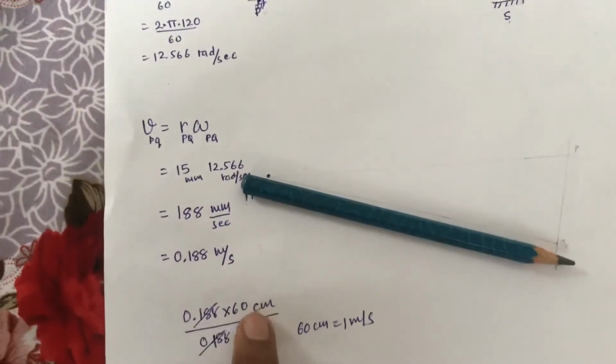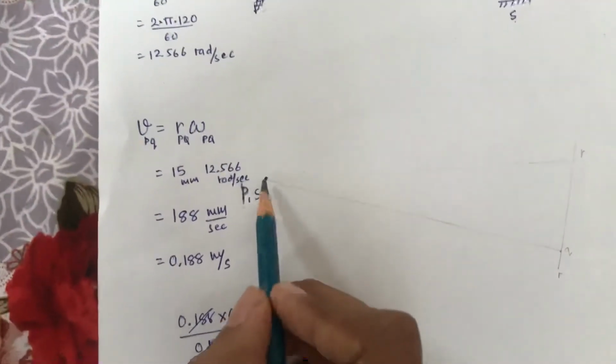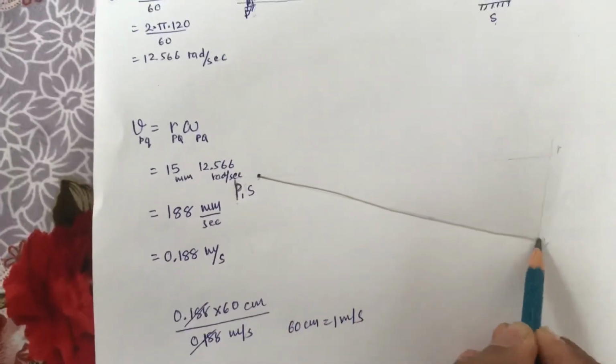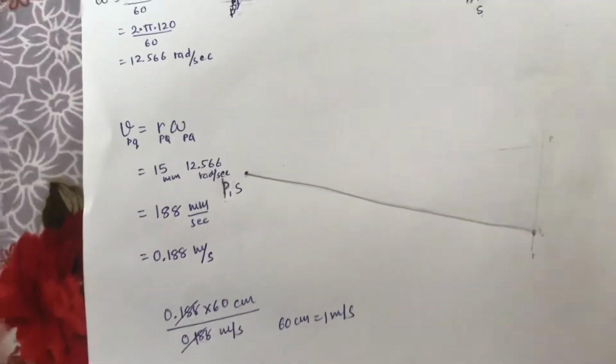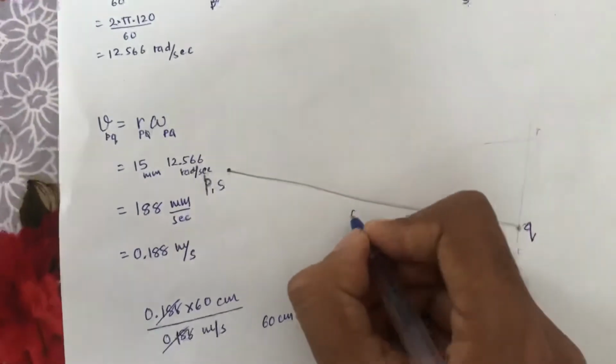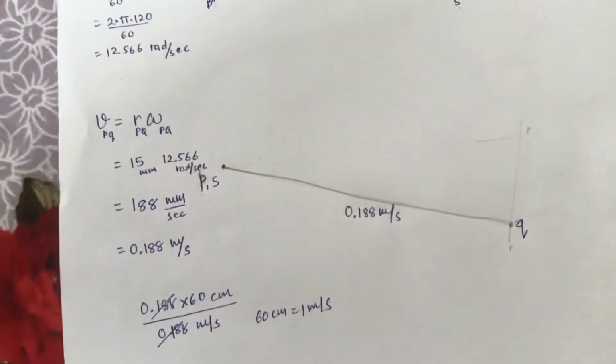That's why I multiply with 60 centimeter. So the answer is 11.28. So draw a line perpendicular to PQ passing from p, which actually represents 11.28 centimeter. Originally it is 0.188 meter per second.